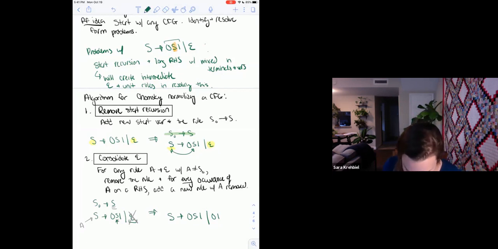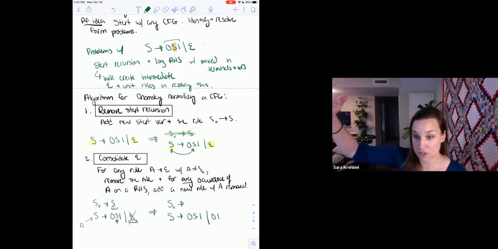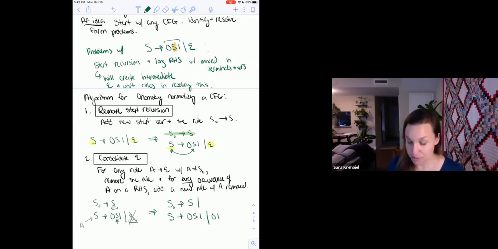So what this ends up doing is, in the case of the S that was transferred to by my new start variable, now I'm going to have this S that is still a transfer, but you can't get to epsilon from S anymore. So that epsilon is going to appear up at top, which is this rule with the S removed.